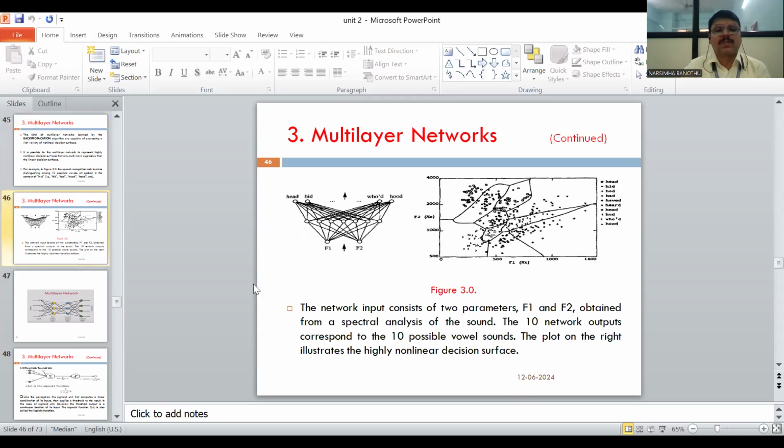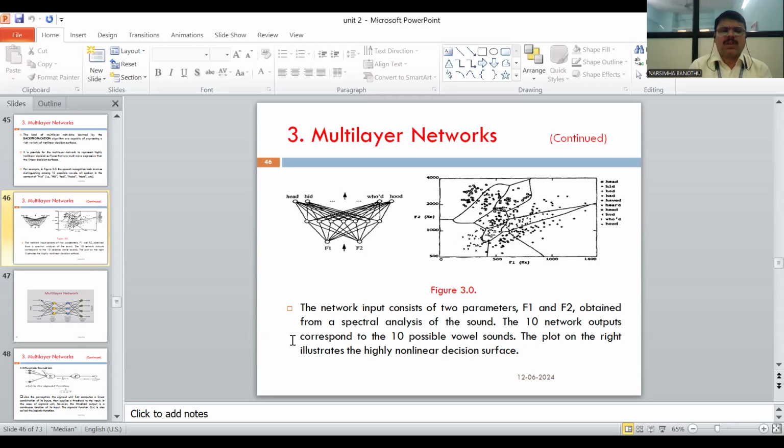So, observing this, the network input consists of two parameters, F1 and F2, obtained from a spectral analysis of the sound. The 10 network outputs correspond to the 10 possible vowels.